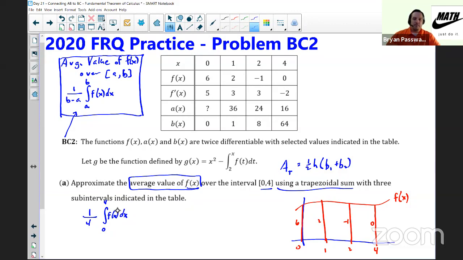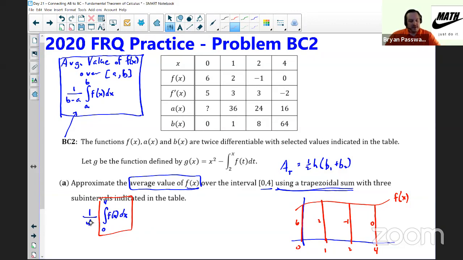I don't have big F in the table, so I can't use the fundamental theorem like we might want to. However, that's why it says to approximate it using a trapezoidal sum, because we can approximate the integral, right? Remember, when you do a Riemann sum or a trapezoidal sum, what you're approximating is just the definite integral part. That's the piece that you're approximating. So the trapezoid will take care of the part in red, but then we have to make sure we have that 1/4 as well.